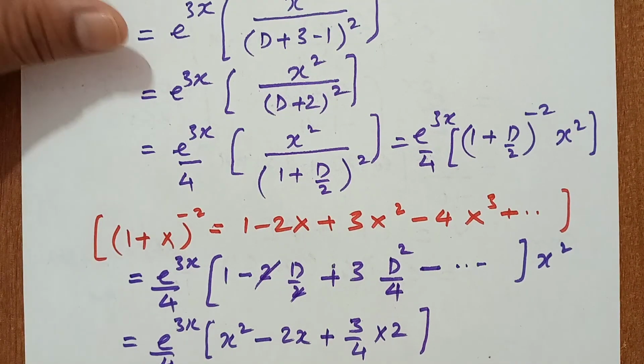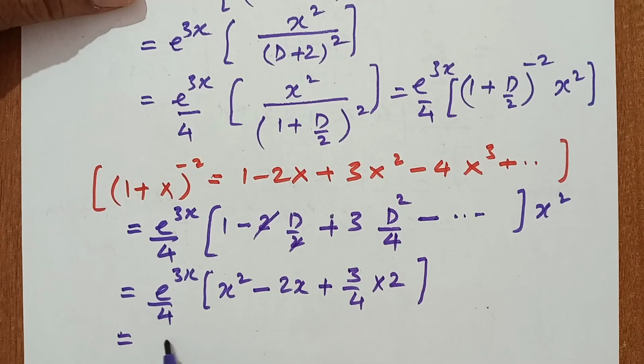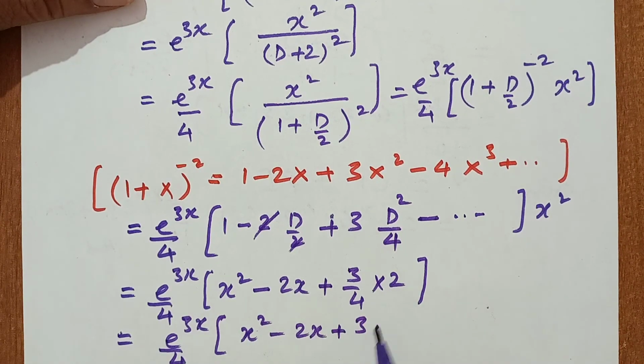So this is the particular integral: (e^(3x)/4)(x² - 2x + 3/2).